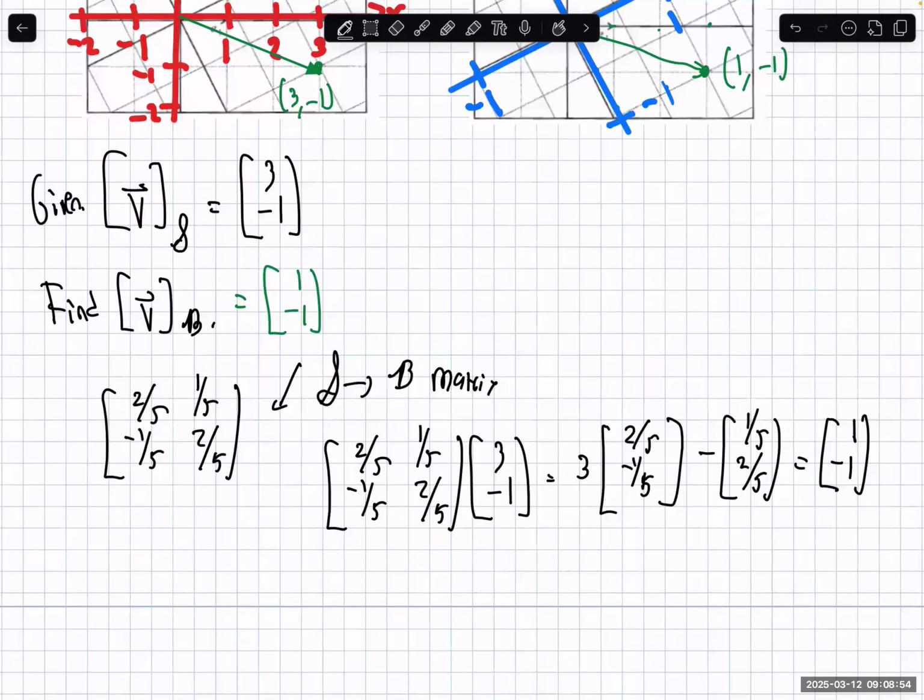So instead of having to draw the picture every time, all we need to do is use the matrix to do the conversion for us.